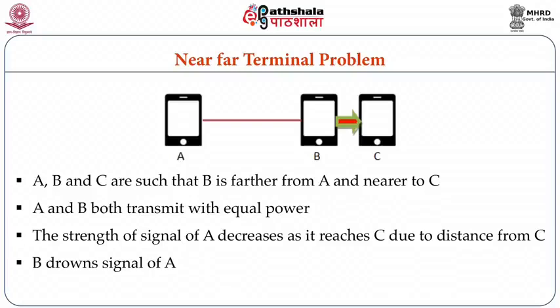And in the worst condition, the signal of B will overpower the signal of A, it will drown the signal of A. This is known as the near-far terminal problem and is more problematic in CDMA. So these are the two problems which exist with wireless communications.